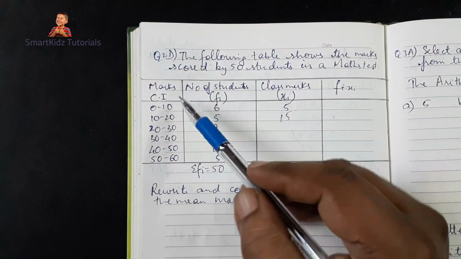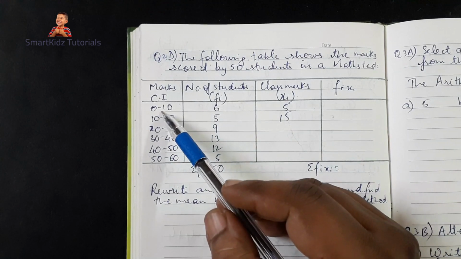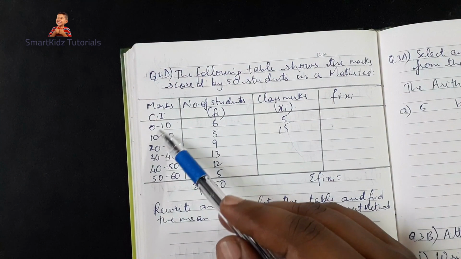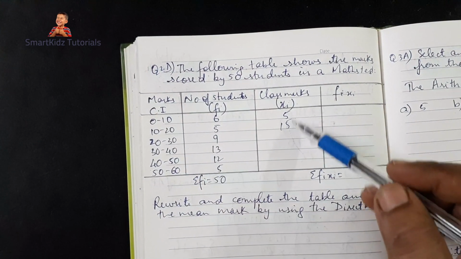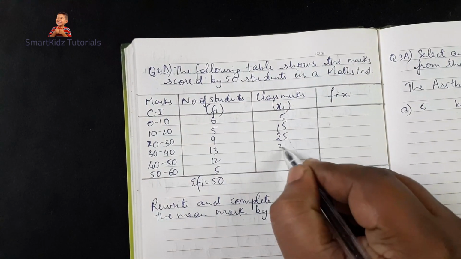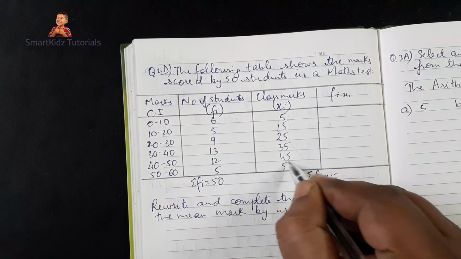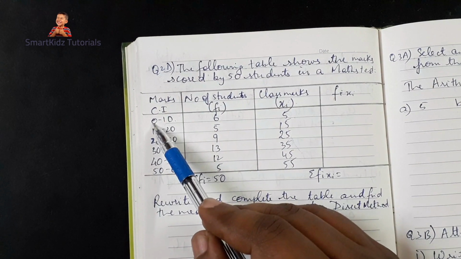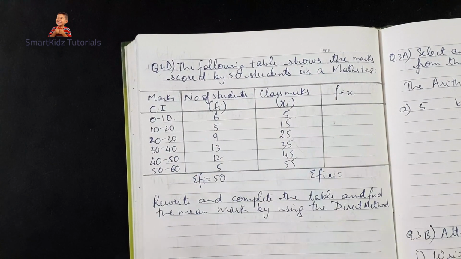You notice, because the class size over here, there is a difference of 10, so the difference here also will be of 10. So 5, 15, next will be 25, 35, 45 and 55. Upper limit plus lower limit upon 2 gives us class marks.